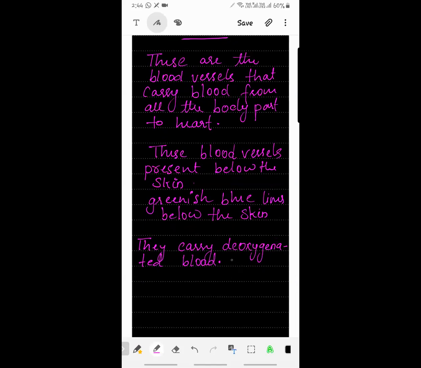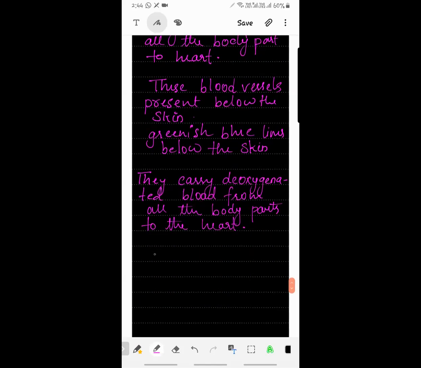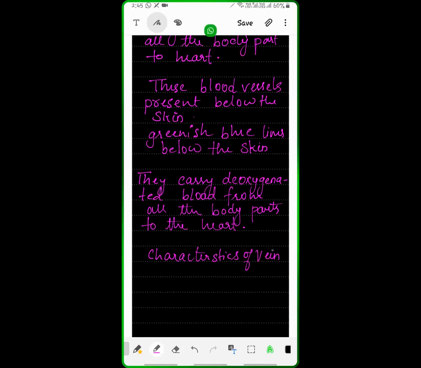Veins carry deoxygenated blood from all the body parts to the heart. Now we'll talk about the characteristics of veins.